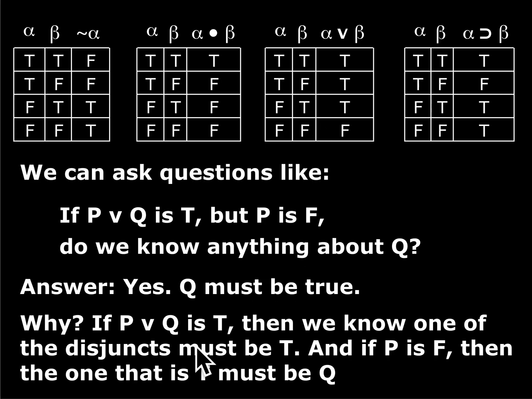So if we know that the disjunction is true, we know that one or more of the disjuncts has to be true. And if P is false, right, then that means that Q has to be true. That has to be the true disjunct that makes the disjunction true, right? So because of our knowledge of these truth functions, we can ask and answer questions like that.